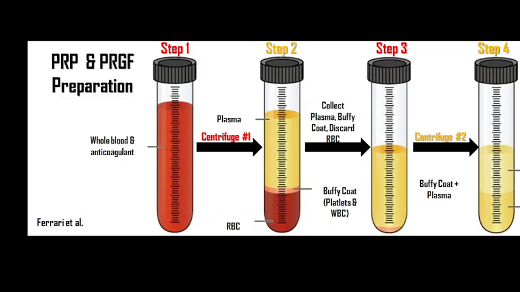This yellow plasma layer is again centrifuged at 2500 rpm for 10 minutes. This results in the separation of plasma into 2 layers, upper platelet poor plasma and lower PRP. The upper platelet poor plasma is discarded and the lower PRP is preserved for use during the bone augmentation procedure.